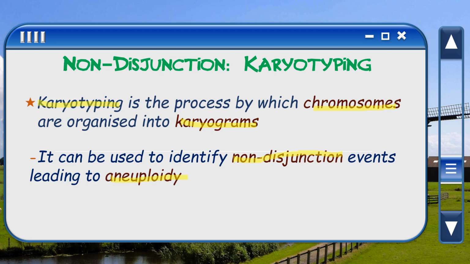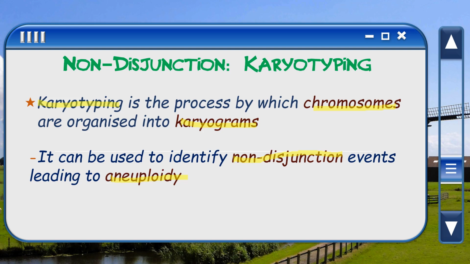So we can use karyotyping to organize the chromosomes into what we call a karyogram, and this karyogram is going to help us identify the non-disjunction events which lead to aneuploidy.